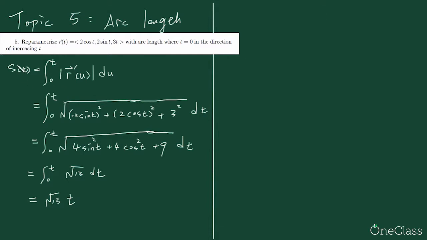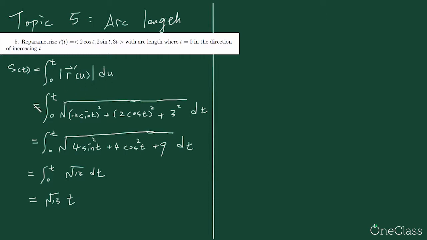By the formula of the arc length, we have s(t) equal to the integral from 0, since t equals 0, and the upper boundary is t, because it says in the direction of increasing t. Therefore, we have the integral from 0 to t of the norm of the derivative of vector r with respect to u, du.